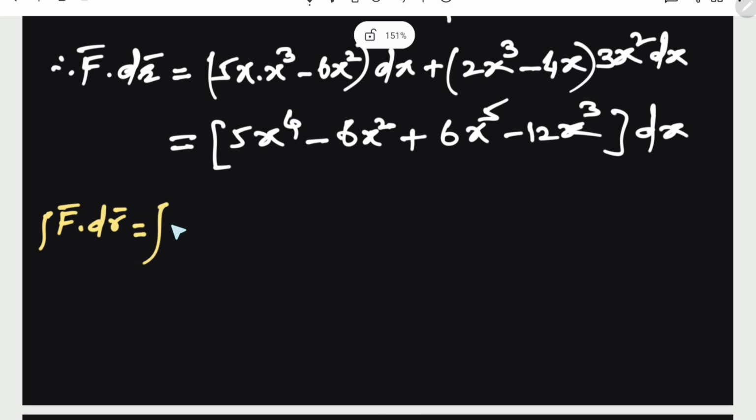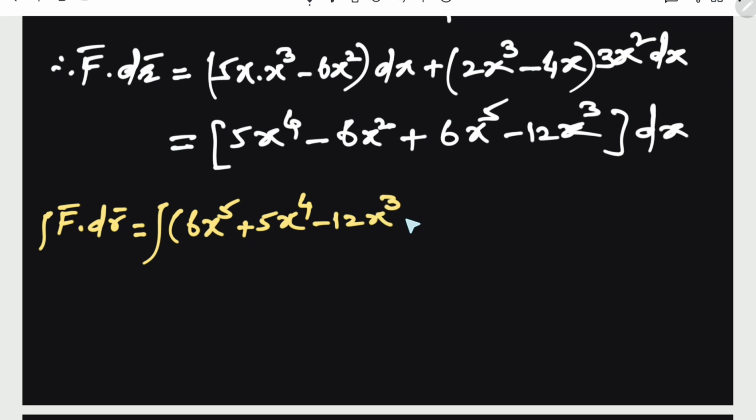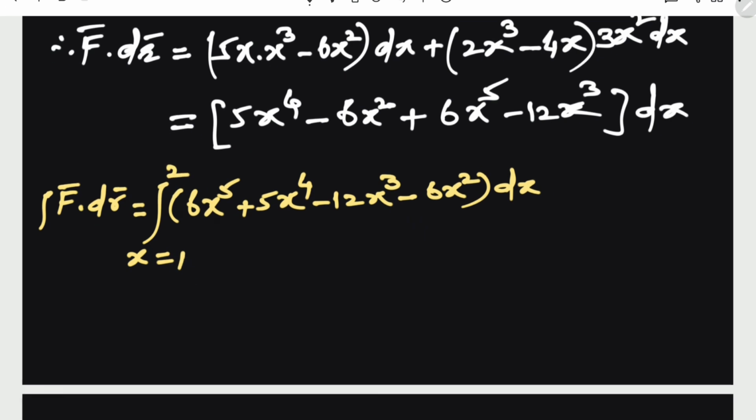Therefore, integrating on both sides, we get the integration of f bar dot dr bar, nothing but the value of the line integral over the curve C, as the integration of this. I will write the highest order term first, that is 6x raised to 5, then plus 5x raised to 4, then minus 12x cubed, then minus 6x square, its integration with respect to x.